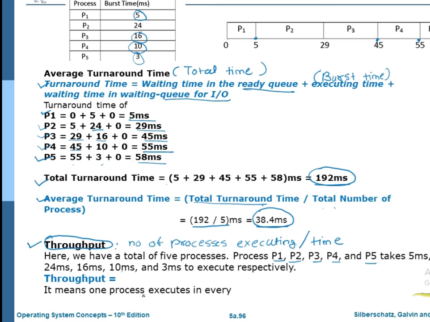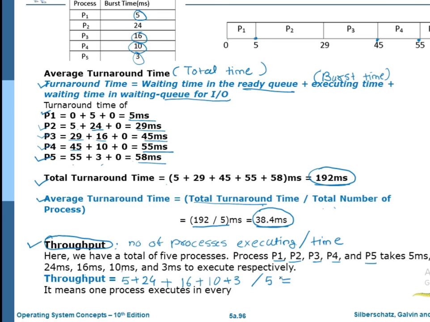So how will we calculate throughput? We will add the burst time of all divided by total number of processes. So throughput will be calculated by adding the burst time of all processes, 5 plus 24 plus 16 plus 10 plus 3, divided by 5.